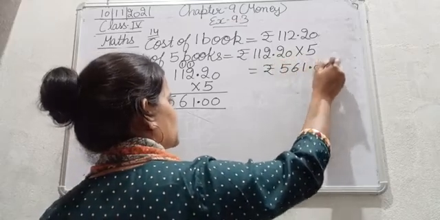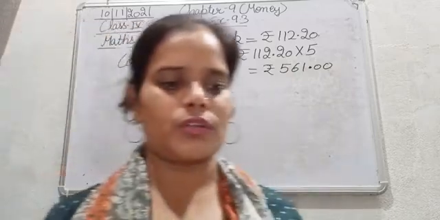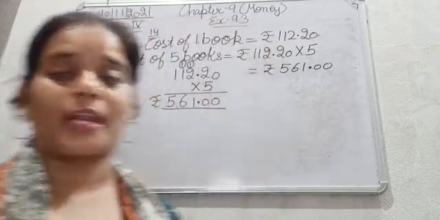The cost of 5 books is 561 rupees. Now what was the question? The question was how much money Kanu has to pay to the bookseller.